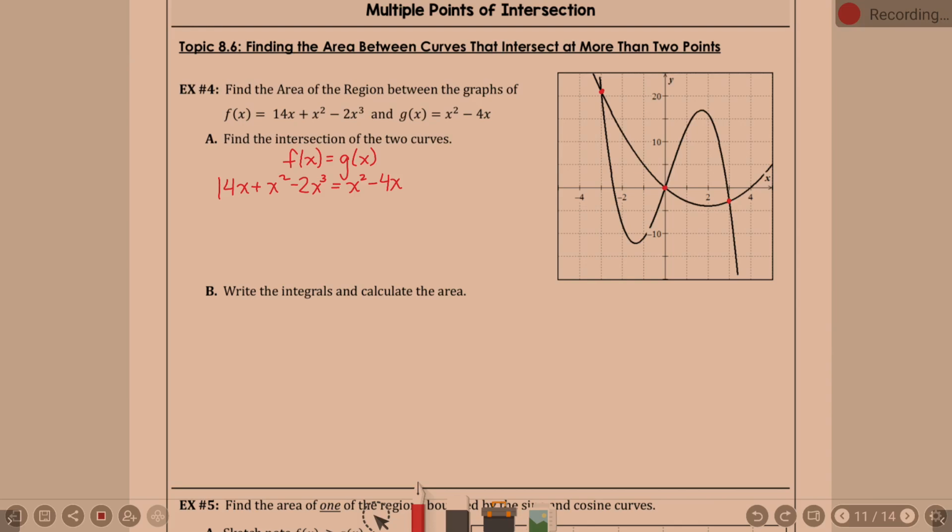Okay, what are you thinking here? Are you making your equation equal to 0? Yeah. X squareds cancel, right?